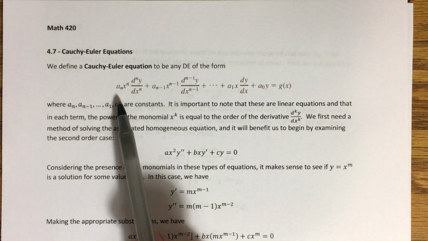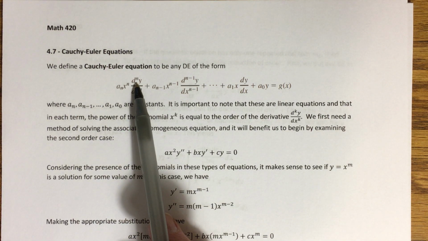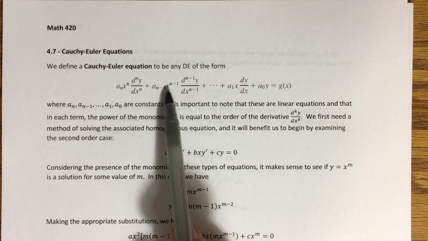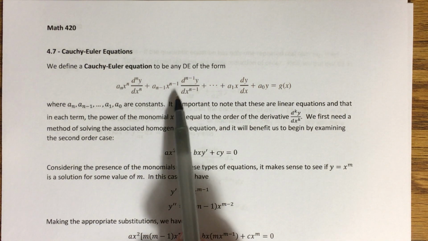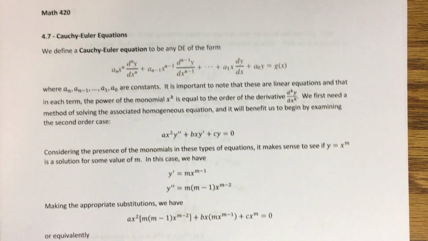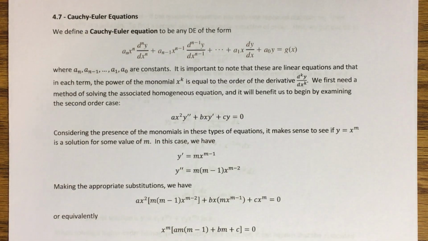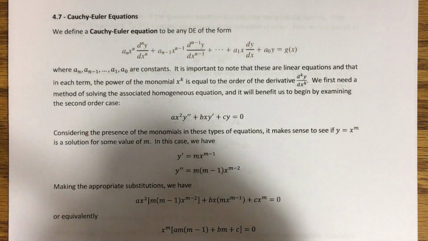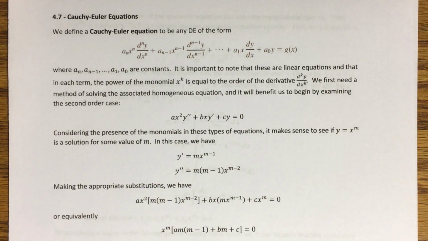So notice x to the nth power here, nth derivative of y here, n minus 1th power of x here, n minus 1th derivative of y here, and so on. It's a very, very strict requirement that those coefficients need to hold to, but if that's the case, then we're talking about what's called a Cauchy-Euler equation.